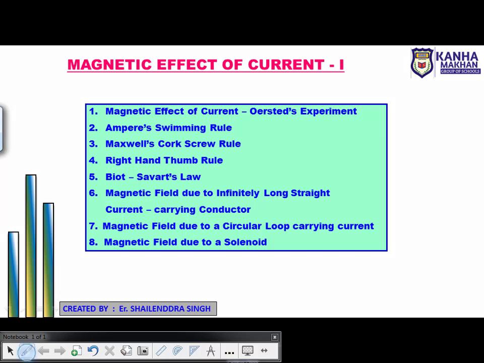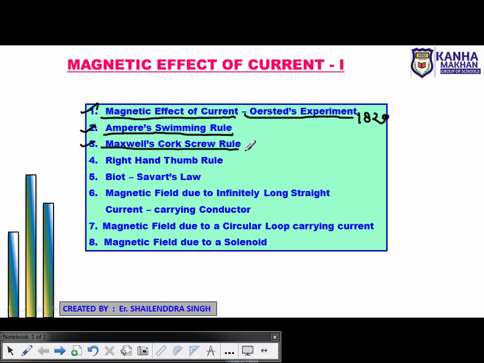First of all, I want to introduce what the magnetic effect of current is, and we will observe it around 1820. It was experimentally observed by the Oersted experiment. We will discuss that. After that, we will discuss the Ampere swimming rule, which is part number 2, and the third part is Maxwell's corkscrew rule, which gives how the magnetic field provides the directions.